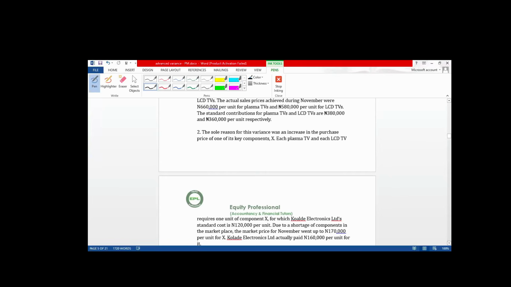The sole reason for this variance was an increase in the purchase price of one of its key components.